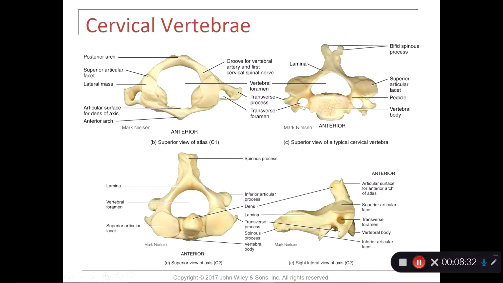What's going on here is you have blood going in and out of the brain via these holes. The blood vessels are going through these holes, a set of blood vessels. There's a couple going up to the head, but a good portion of what's heading up to the brain is going through these holes. They're called transverse foramen, while the larger one is called the vertebral foramen.